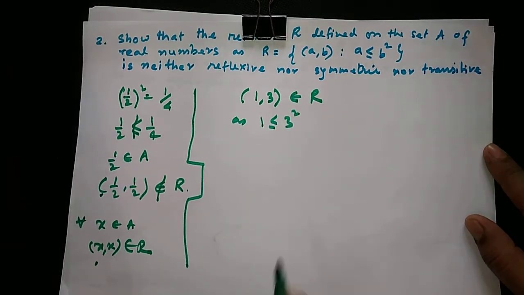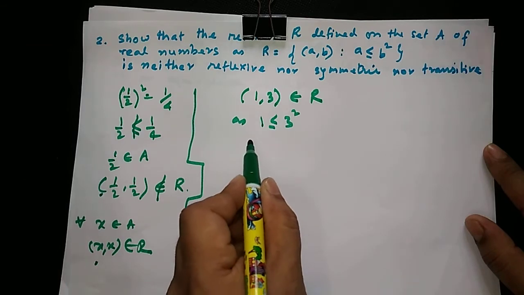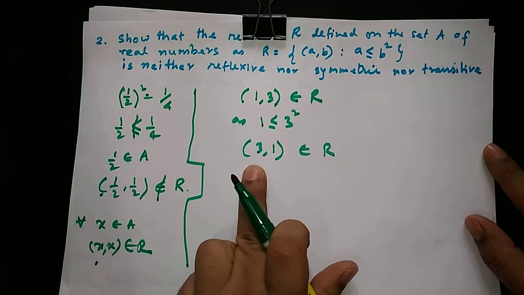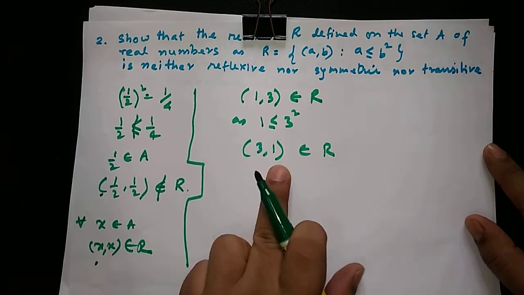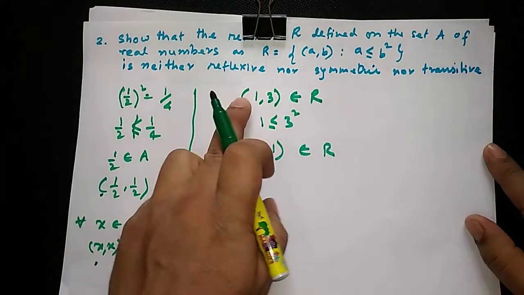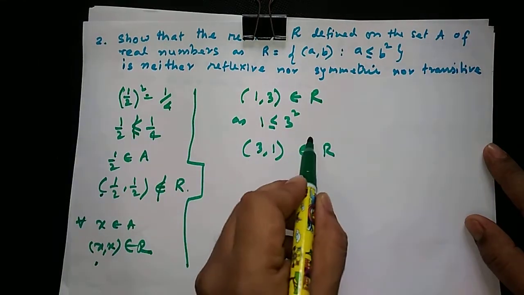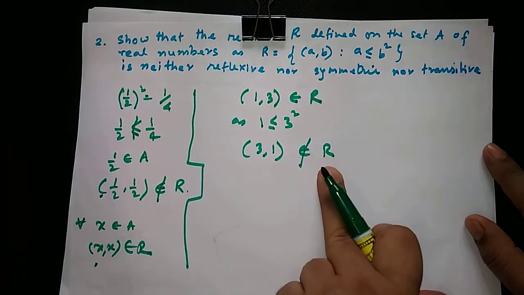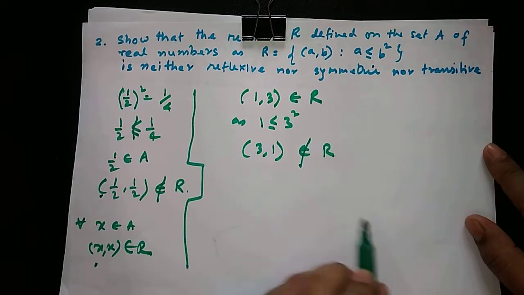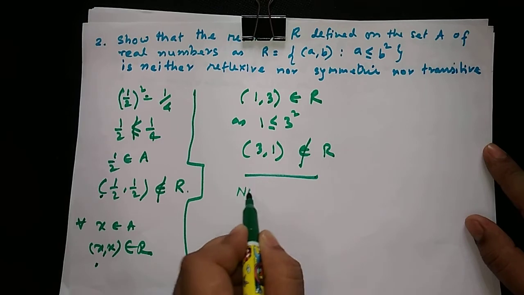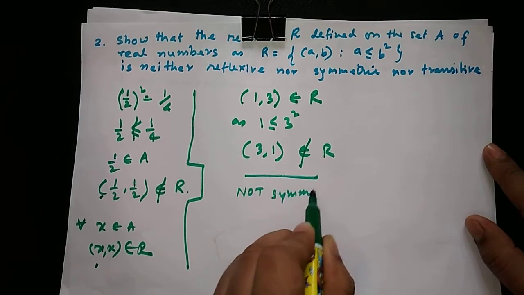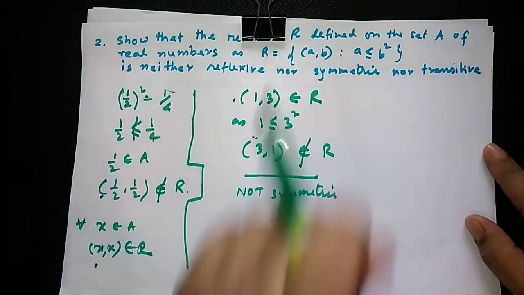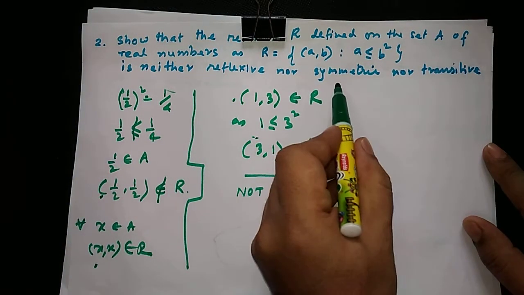But can I write (3, 1) belongs to R? (3, 1) will not belong to R, because 3 is not less than 1 square, which is 1. So there is an ordered pair (1, 3), (a, b) belonging to R, with (b, a) not belonging to R, then the relation is not symmetric. R is not symmetric. This example (1, 3) disproves the symmetric nature of this relation.